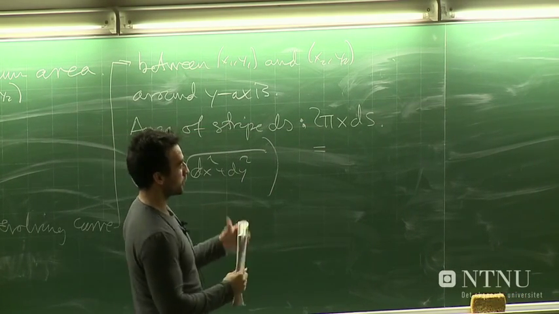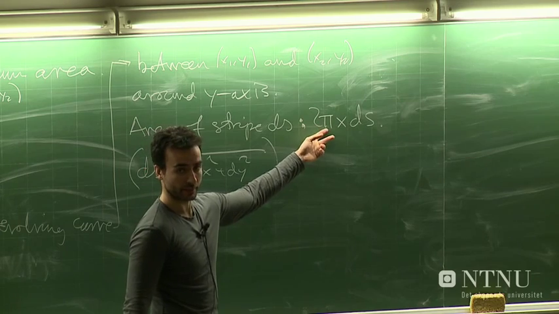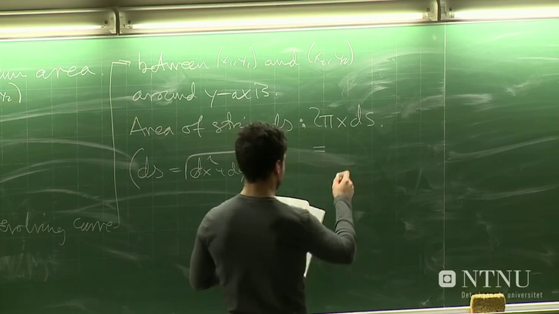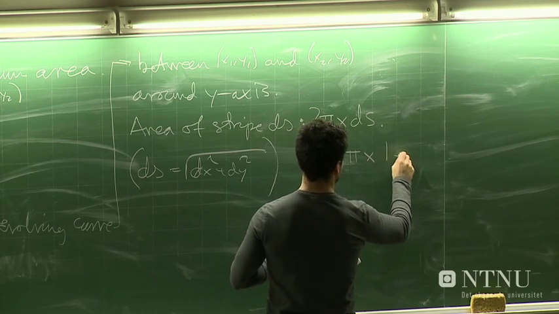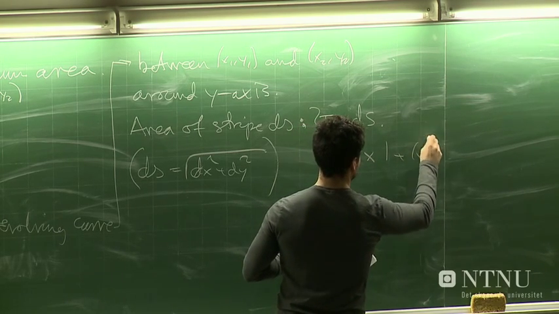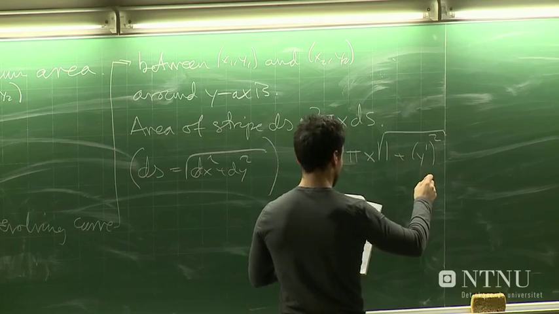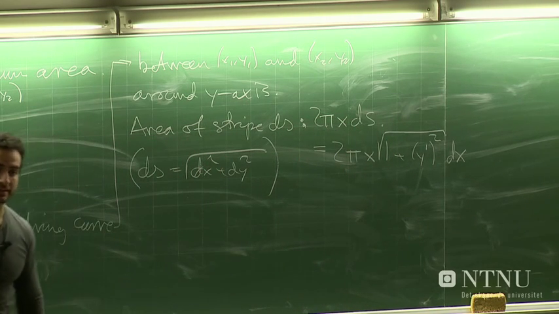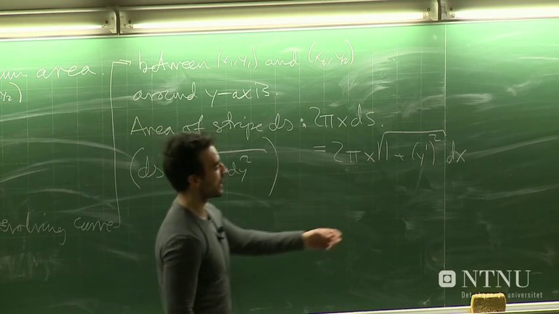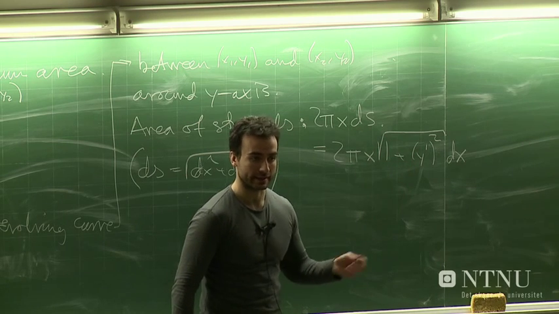So it means that using this, I can rewrite this expression in terms of dx rather than ds, where I've now introduced y prime, which is dy/dx.